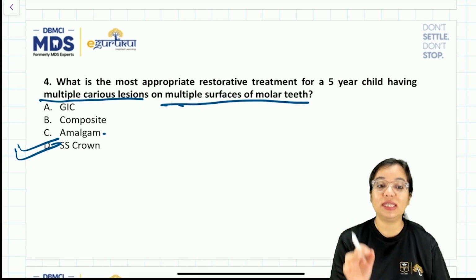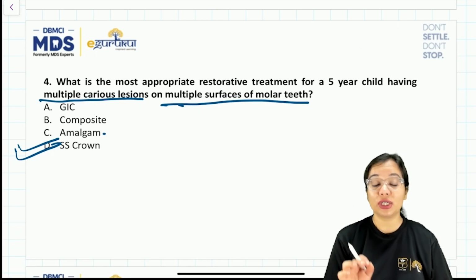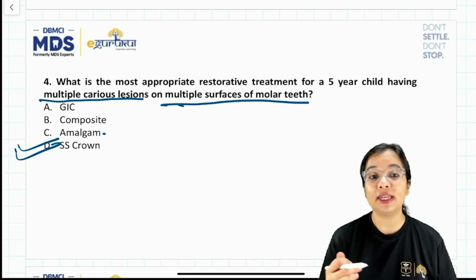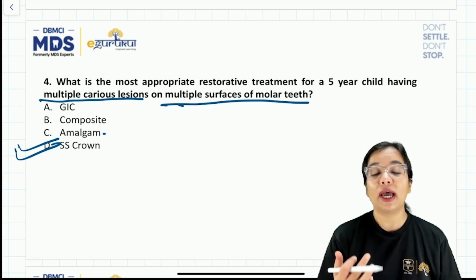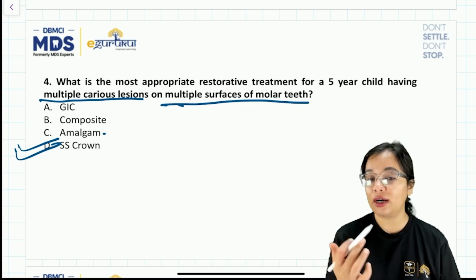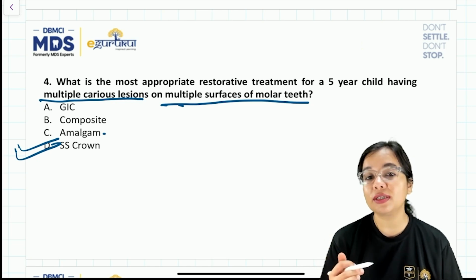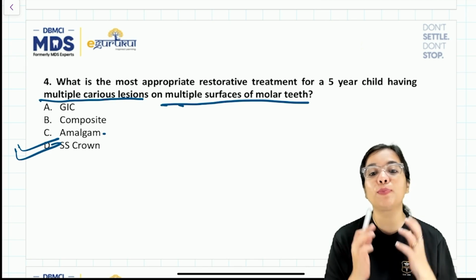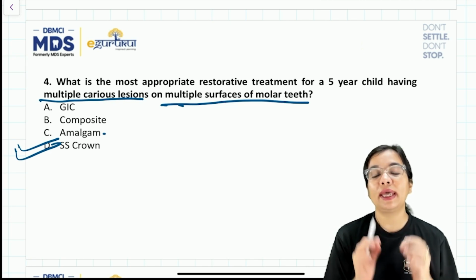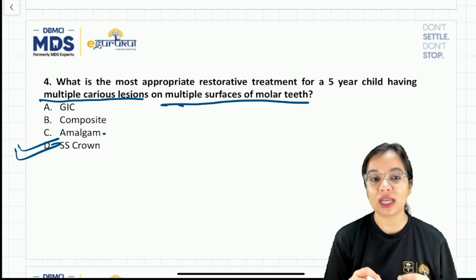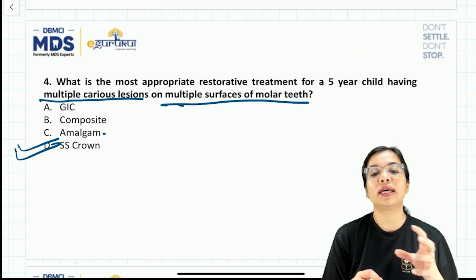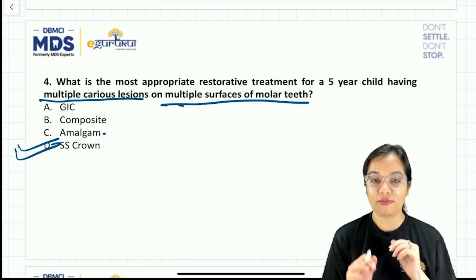Even for GIC and composite, such a tooth, when you excavate caries, will become so weak, and it will have cavities drilled in so many surfaces that it will not be able to support any type of restoration, and hence stainless steel crown is the best type of restoration for a tooth that has caries on multiple surfaces.